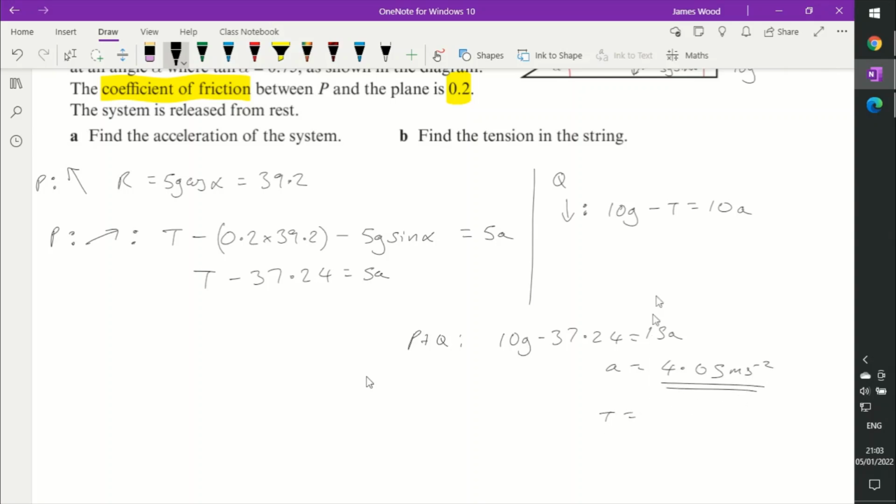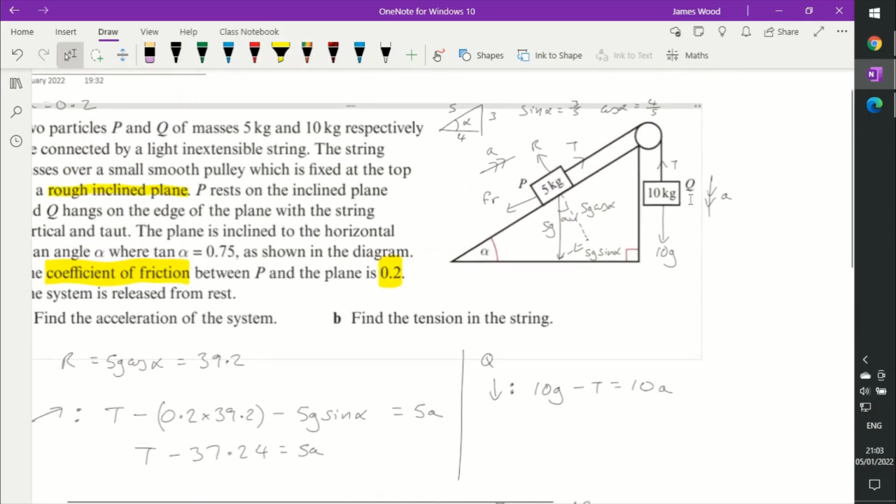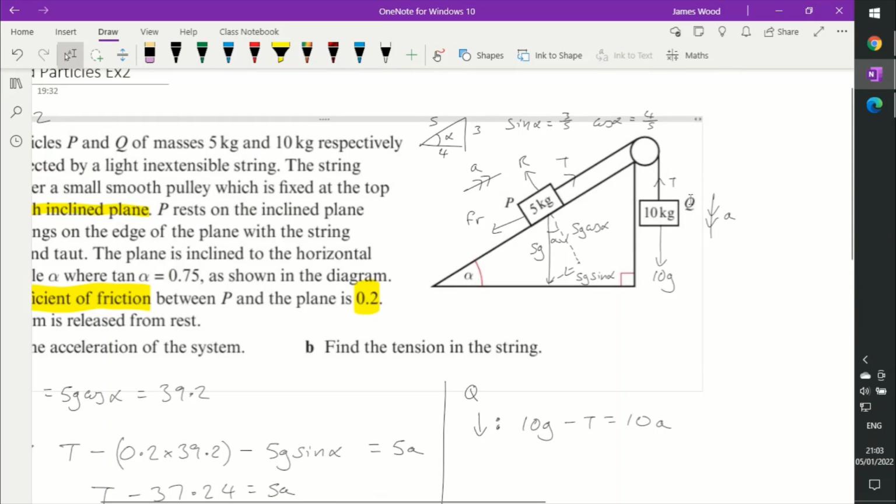And then to find T, I'm just going to put it back into this equation here. So T is 57.5 newtons. Okay. So again, the algebra involved in the solving is not very complicated because all of your working is on here on the diagram. That's the important bit.